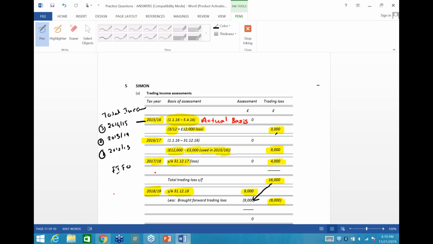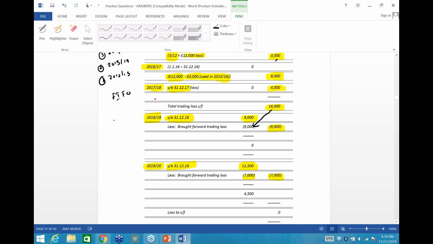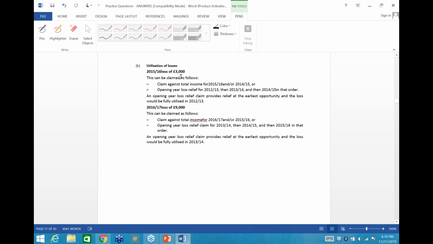So we can see how they have done it. 15-16 loss of £3,000. Claim against total income for 15-16 and of 14-15. Now, that is not the opening year relief. That is a normal relief available. What is that?